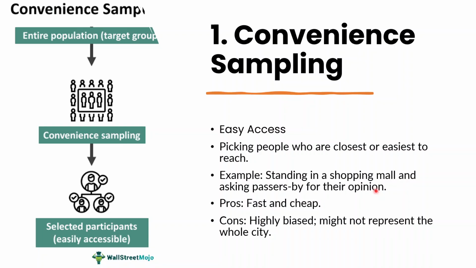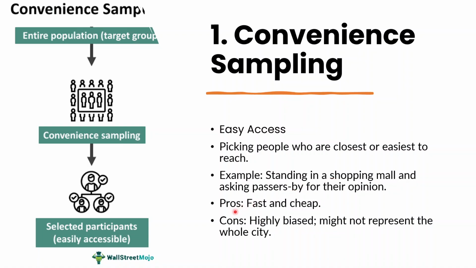Others who are maybe traveling on the road or going to another mall have no chance of being picked as a sample. So randomization is not there, but my convenience is being picked. I'm not going to every mall and picking samples. I'm standing at one mall, and whoever comes there, I'll pick them as a sample.